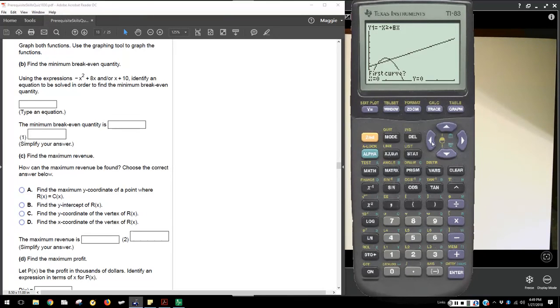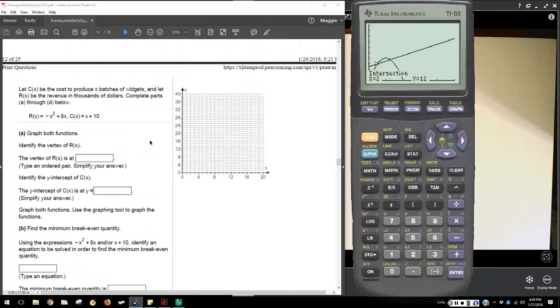The only thing you want to do is first trace close to the intersection point that you want. So try to get your cursor close to the one you want, and then hit enter 3 times. So the minimum break-even is at (2, 12). The minimum break-even quantity is 2 units of whatever it is for probably $12. Let's see. Yes, it's 2 batches for $12,000.